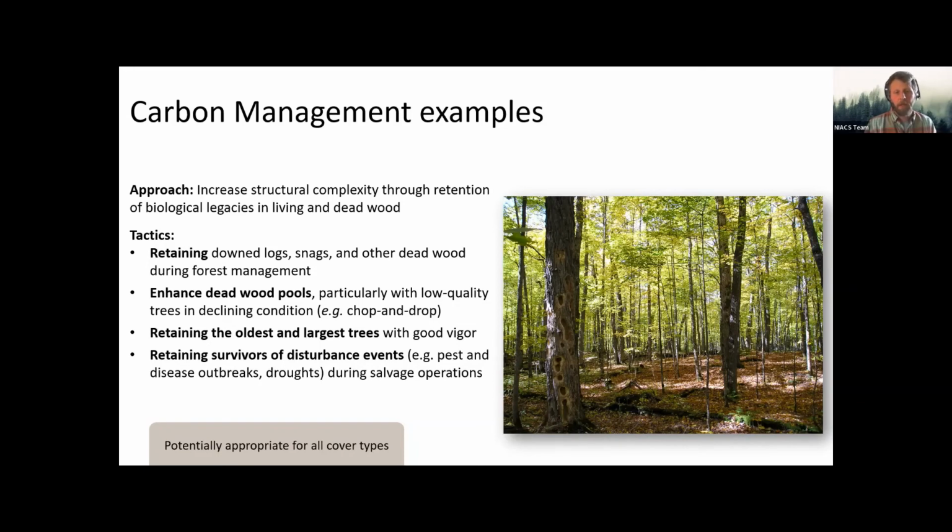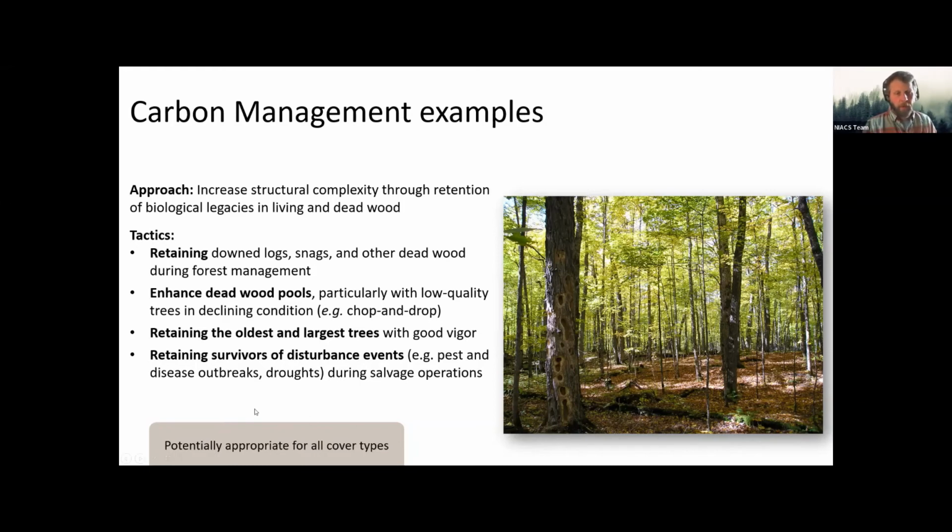There might be a good justification for instead retaining some of that low quality wood on site, either through something like chop and drop, or just letting the tree stand and turn into a snag, and enhance wildlife habitat as well as the dead wood carbon pool.